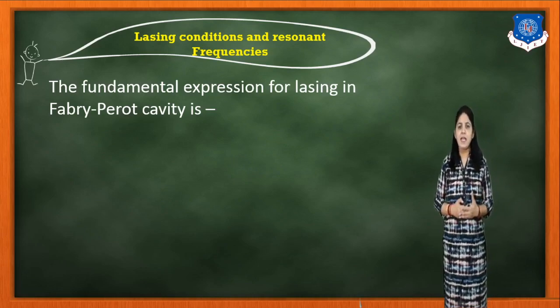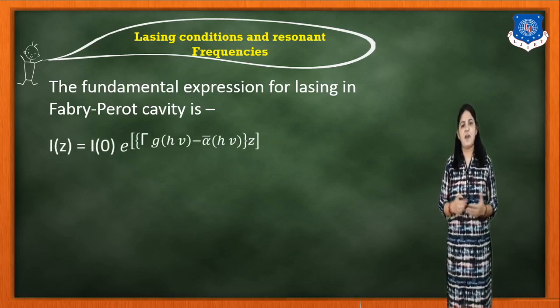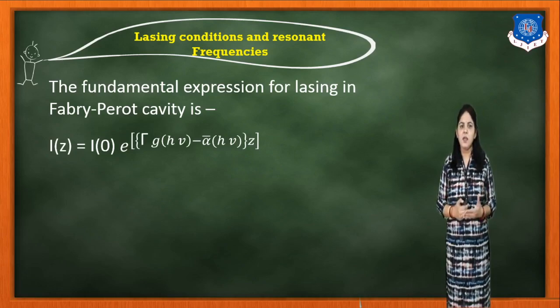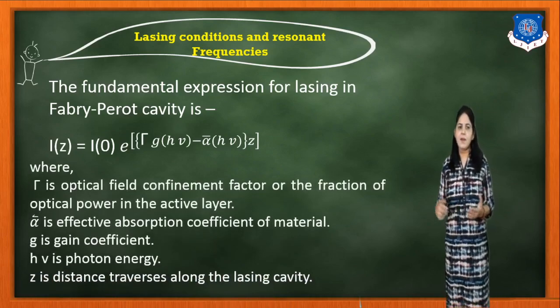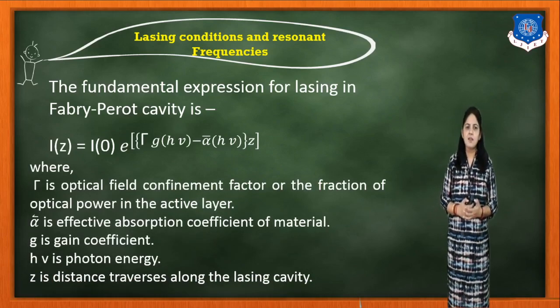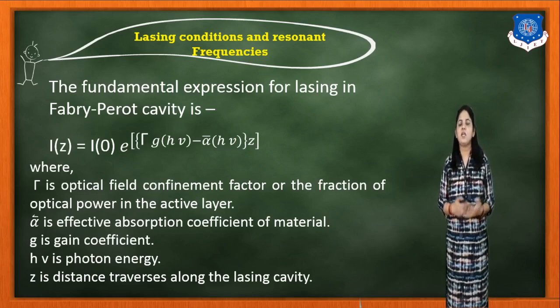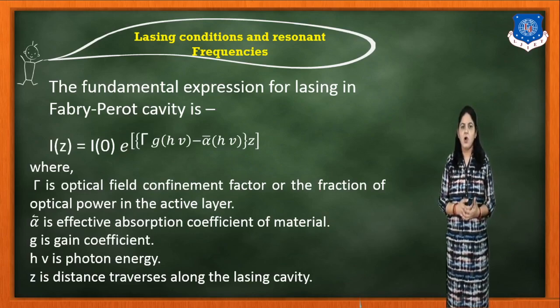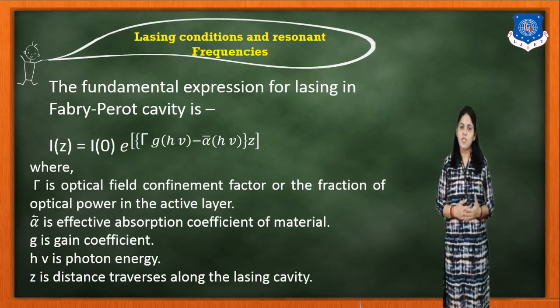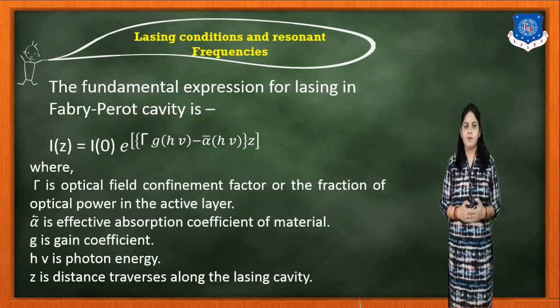The fundamental expression for lasing in the Fabry-Perot cavity is I(z) = I0 e^((ΓG(hν) - α(hν))z), where Γ is the optical field confinement factor, the fraction of the optical power in the active layer.